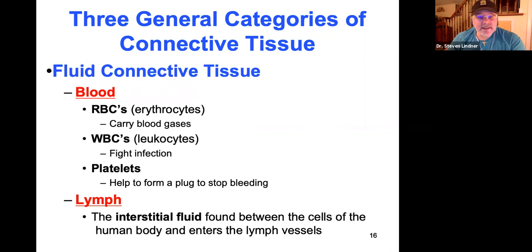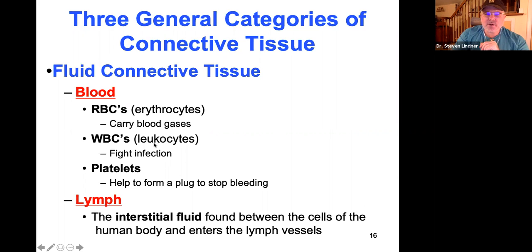Then you have fluid connective tissue, right? So fluid is what we covered: blood. There's the red blood cells, which are erythrocytes. They're going to carry blood gases like oxygen and carbon dioxide and nitric oxide, which will vasodilate the blood vessels, that nitric oxide.